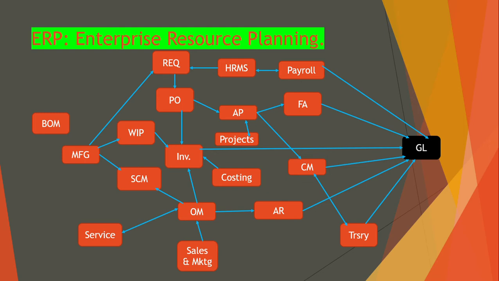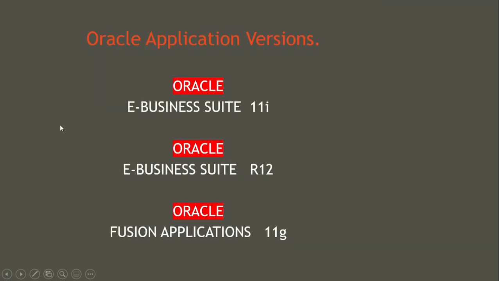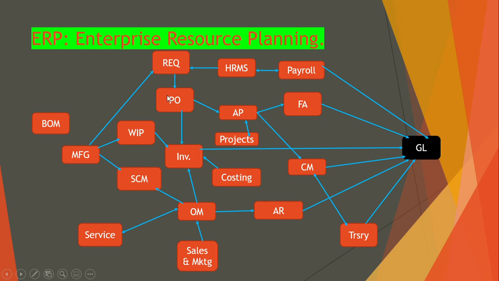Example, purchase information can be shared to the payables department for purchase invoice maintenance or creation. So at a very high level, it's all about how one application relates to the other. It's a group of applications which are integrated together to communicate meaningful information to each other.